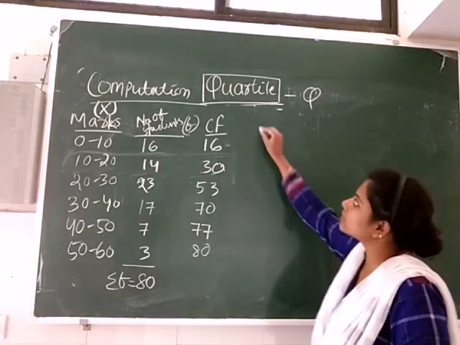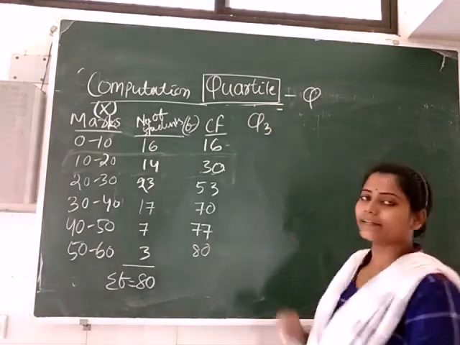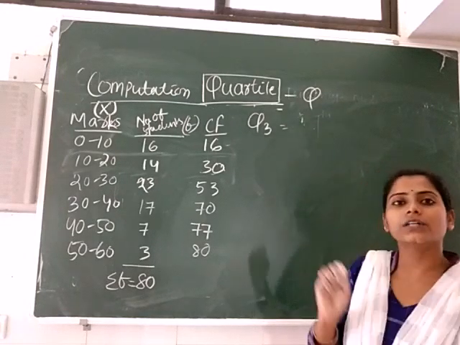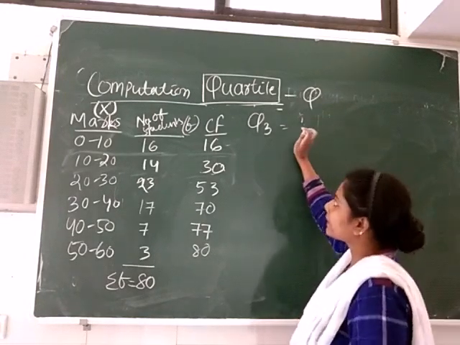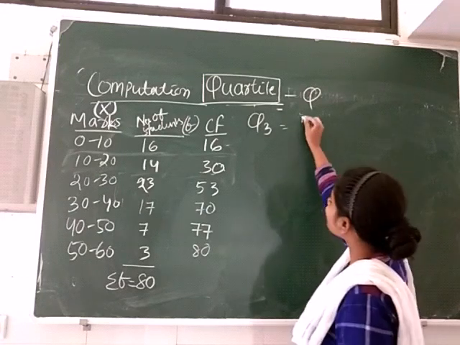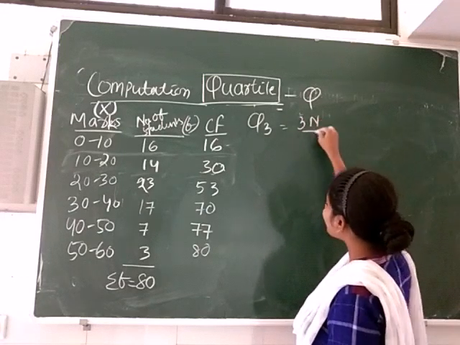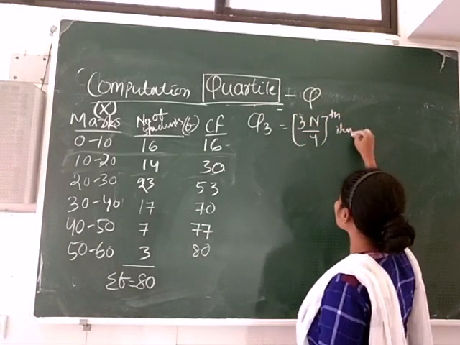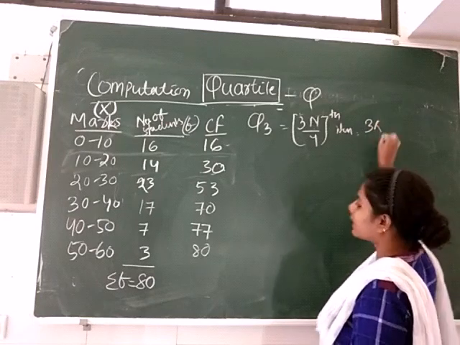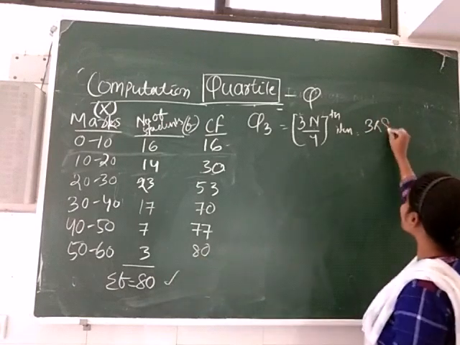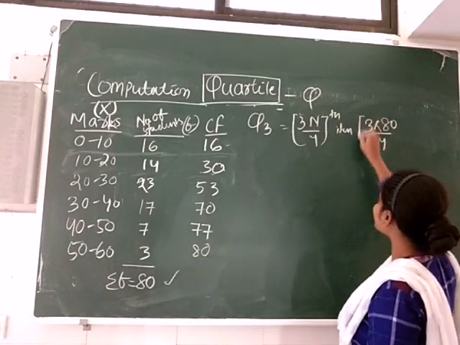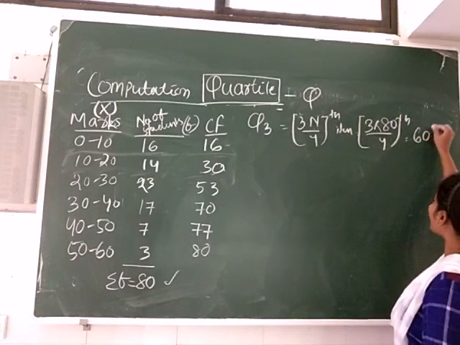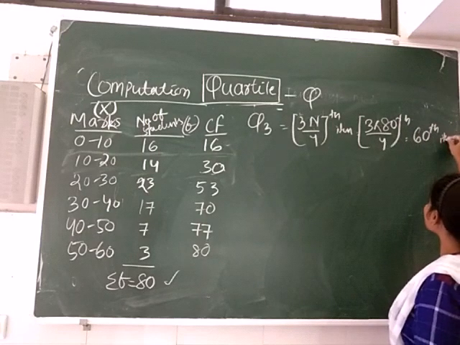Now we compute the upper quartile. For this purpose, first we compute to know about the quartile class. So in case of the upper quartile, the formula will be 3n by 4, the item is the 60th item.